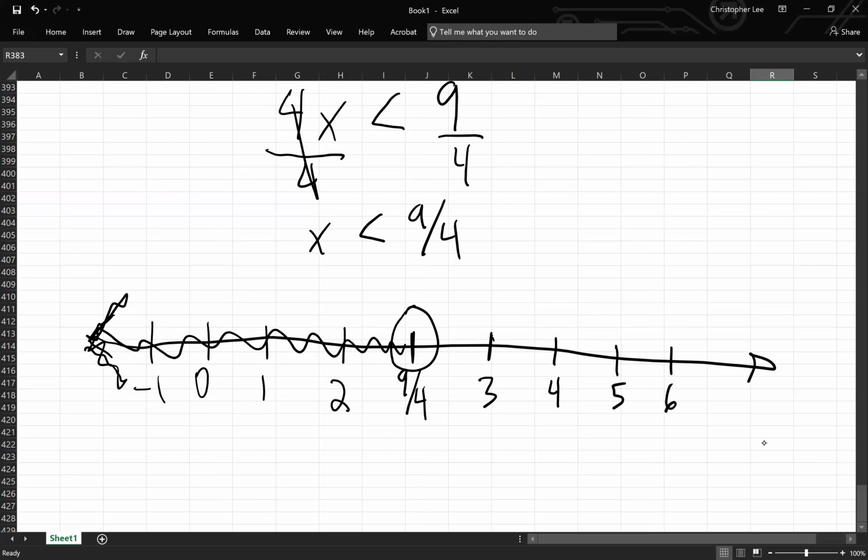And that's it. Let me give you guys a little bit of a hint too. Notice how the inequality symbol right here kind of looks like an arrow. Low key, it looks like an arrow. Forget about reading it, it just looks like an arrow. What side is it pointing to?